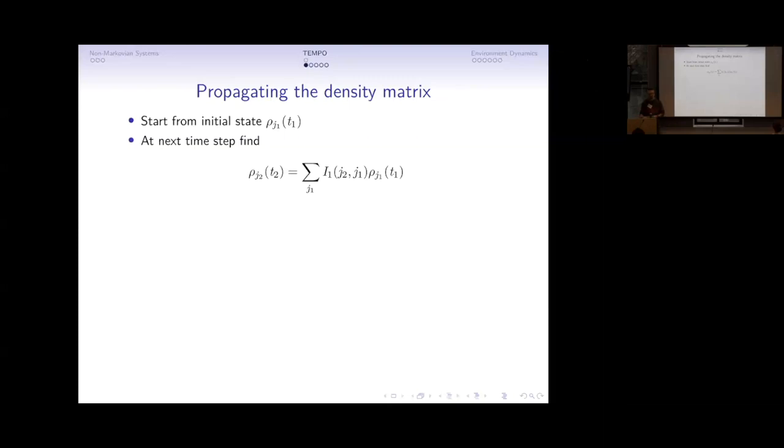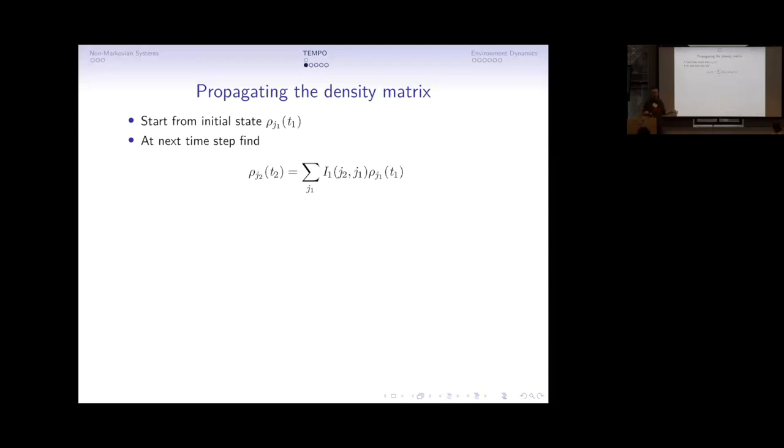Okay, so let's write that out in some slightly more formal mathematics. If I start from some initial density matrix at time t1, which has indices which I'm going to call j1, at the next time step, what I do is I multiply in one of these influence functionals, and that takes me from time step 1 to time step 2.